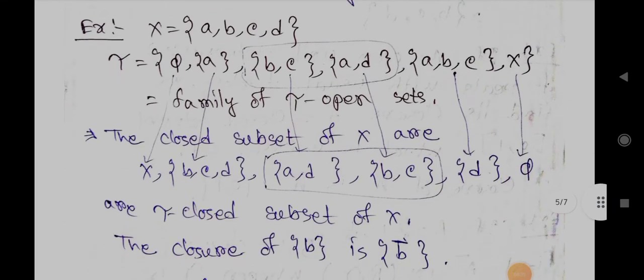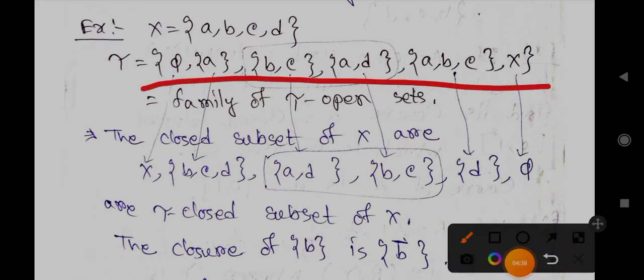Here is an example. X = {A, B, C, D} and τ equals this family of τ-open sets.